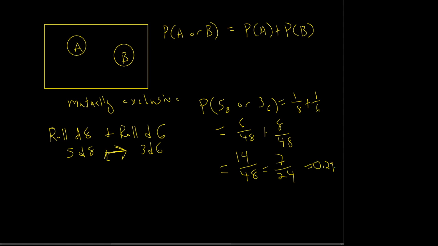Either one would happen, not both. And so the probability space is the summation of these.